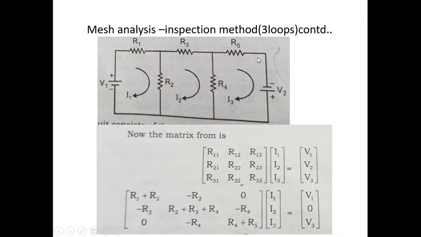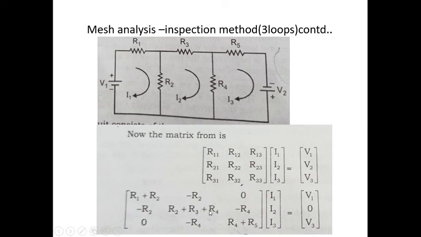Now the matrix equation is R11, R12, R13, then R21, R22, R23, and so on. For R11 it is the sum of the resistances R1 plus R2. Then R22 means R2 plus R3 plus R4.